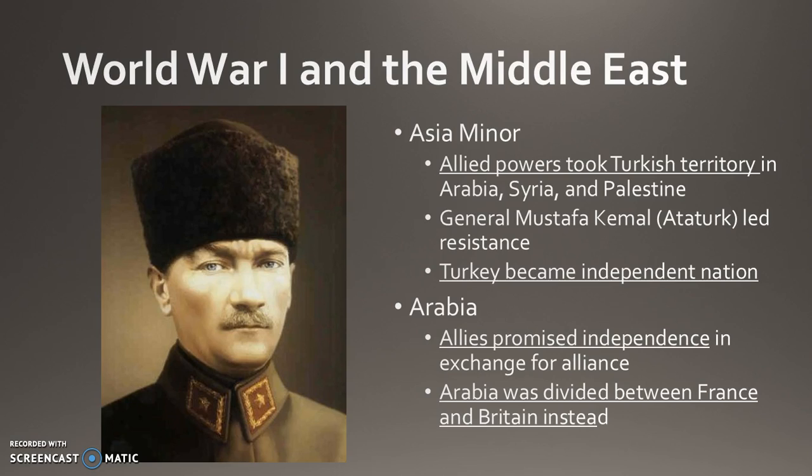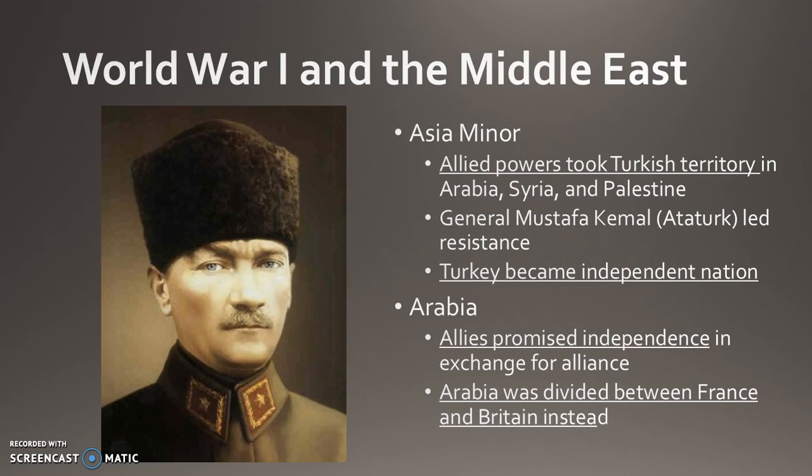Over in Asia Minor, the Allied powers took control of a lot of the Turkish territory in Arabia, Syria, and Palestine. General Mustafa Kemal, also known as Ataturk, led a resistance against the Allied powers, and he succeeded, so Turkey became an independent nation.